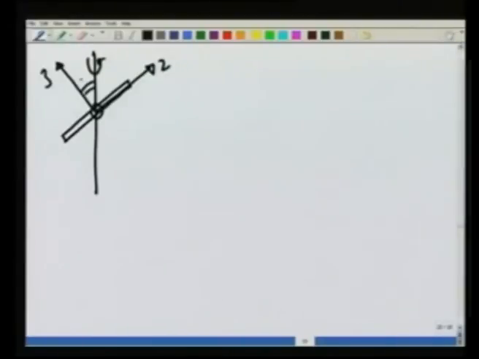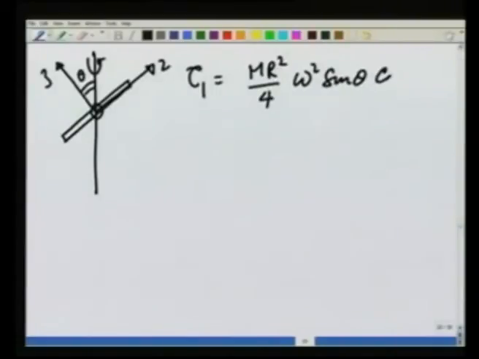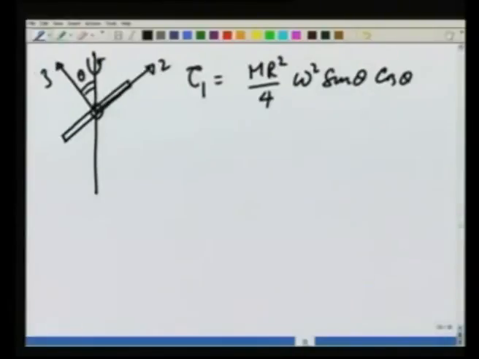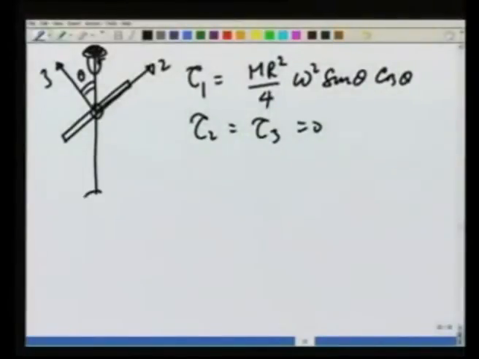This angle is theta, and we see in this case that the torque comes out to be tau 1, which is m r square over 4 omega square sin theta cosine theta, as we saw in the previous slide. Tau 2 and tau 3 are 0. So the torque direction is this, coming out of the plane of the paper. So if I have bearings here holding this, the force is going to be this way and this way.